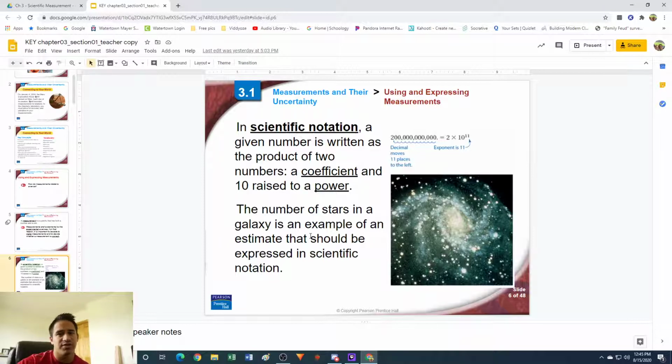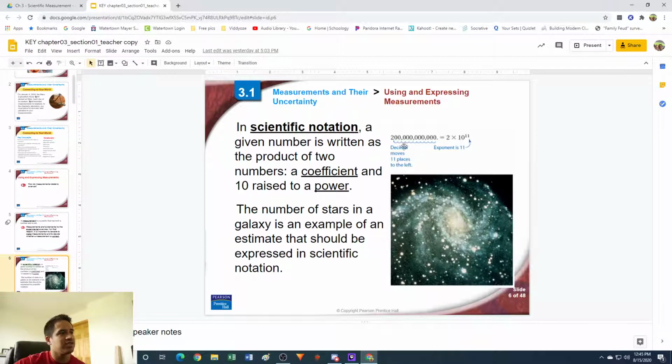If you're not familiar with scientific notation, you should have learned about it last year in 9th grade, probably with me, otherwise in previous years. But real quickly, scientific notation is a shorthand way of writing a really large or really small number. It usually involves taking the big number and reducing it so that it's a number between 1 and 10 times 10 to some power.